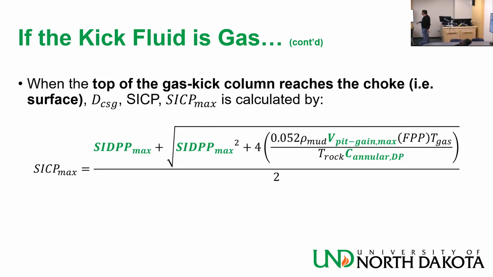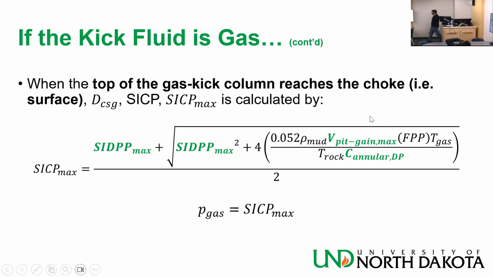Okay, what does that mean? In this equation, how does that translate? You have T gas and T rock. They just cross out. You don't need to care about temperature. Don't worry about temperature at all.